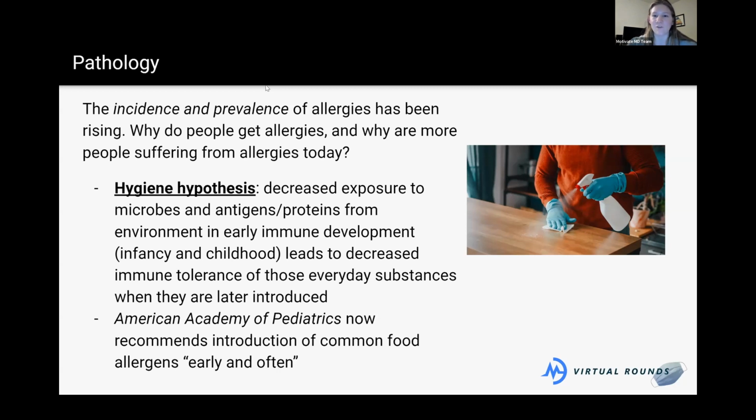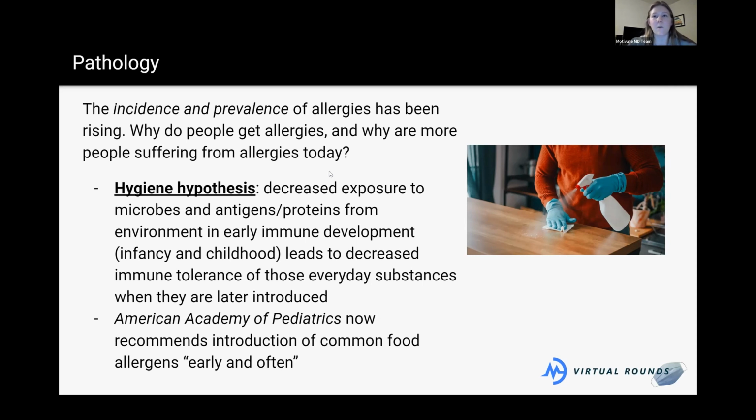It's definitely multifactorial, but this is just one element to it that I wanted to talk to you guys about. And it's the idea that decreased exposure to microbes or antigens and proteins from your environment in early childhood or early immune development will eventually lead to decreased immune tolerance of those substances every day when they're later introduced.